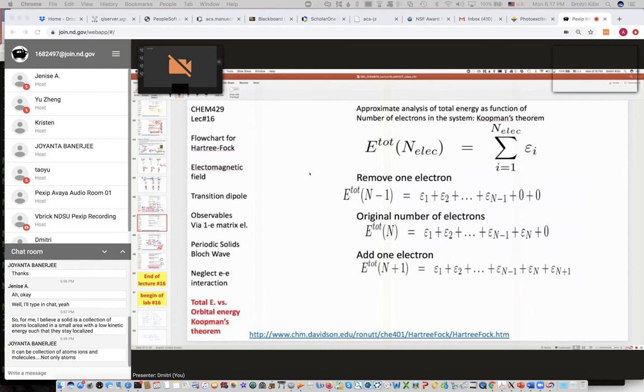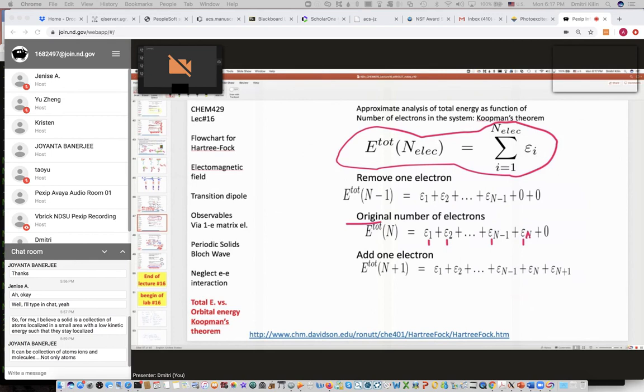Good, thank you. So when we need to compute it, we use this approximate equation by making a summation over molecular orbitals. For the original number of electrons, we add together the energies of molecular orbitals of all occupied orbitals up to E sub n, which is equivalent to the HOMO energy.